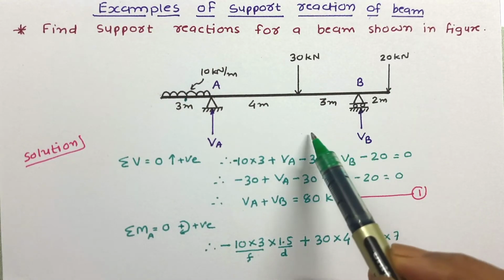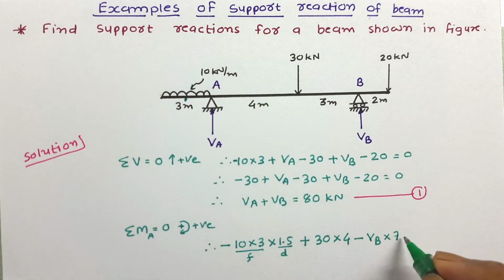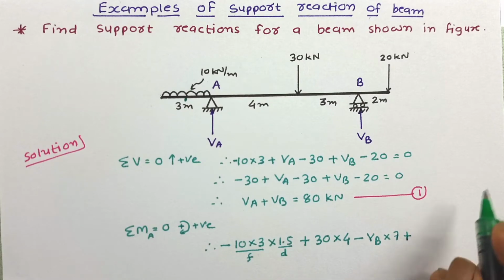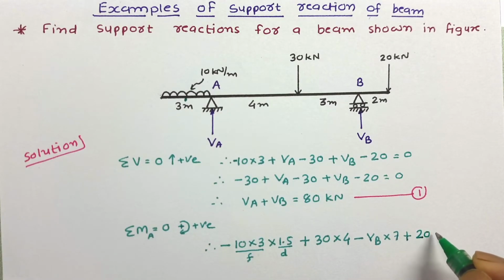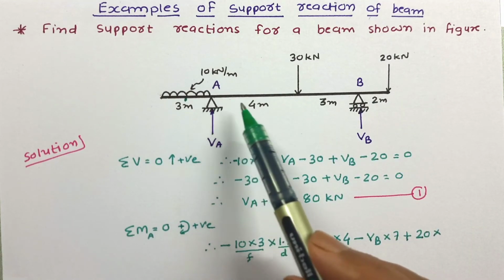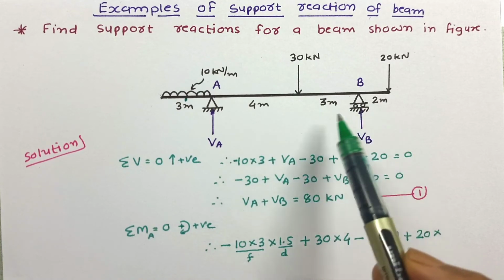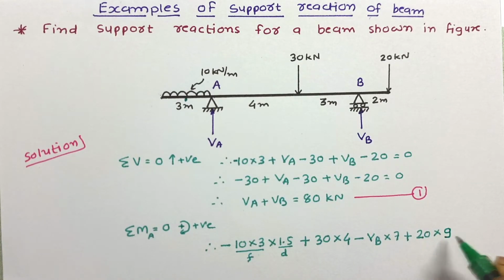Now moment due to 20 kilonewton, we can see it is in clockwise direction, so it will be plus. Force is 20 and the distance between 20 and A, so we can see 4 plus 3 plus 2, so it is total 9. And finally the summation will be 0.